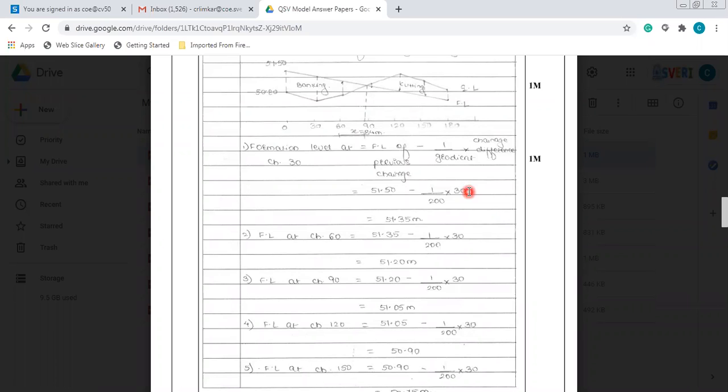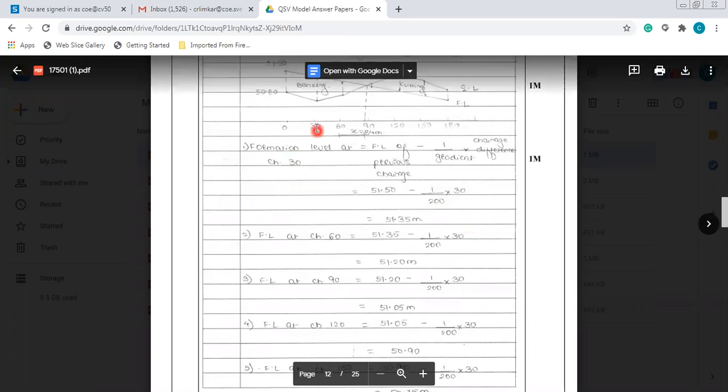So at every chainage point, you have to observe the difference between chainages. It may happen that it goes from 0 to 25, 25 to 60, 60 to 85, 85 to 110, 110 to 150, 150 to 180. This variation also may happen.